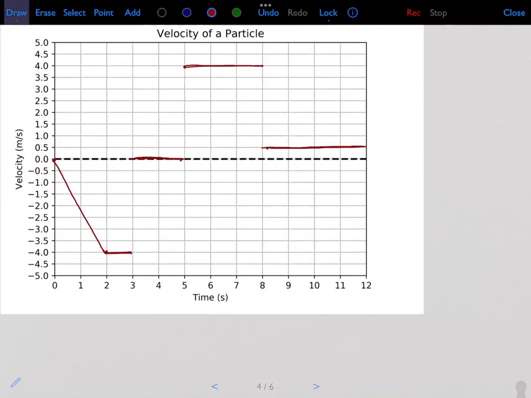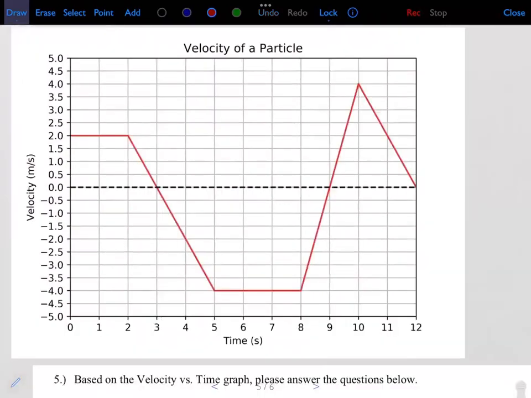Okay, and then the last graph here is a velocity versus time graph. So now since we have a velocity, you got to be careful now, right? Now it's velocity versus time. If I ask you a question about velocity, you can just read it directly from the graph.